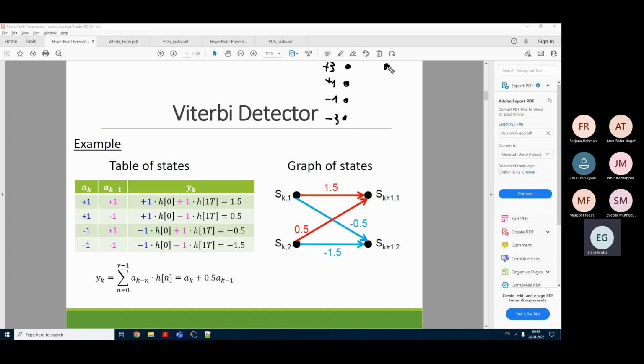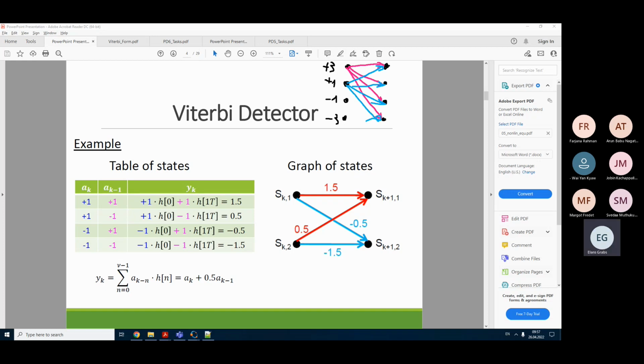And we are going to have 4 possible transitions because we can send any combination of +1 and -1. For example, from state +3, we can go into state +3, into state +1, into state -1, and into state -3. The same will work for any other state.